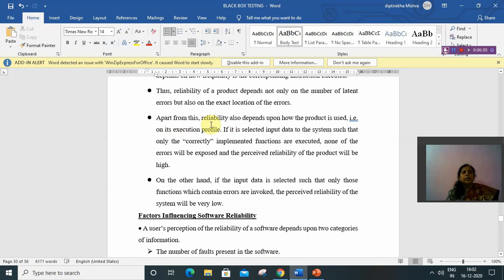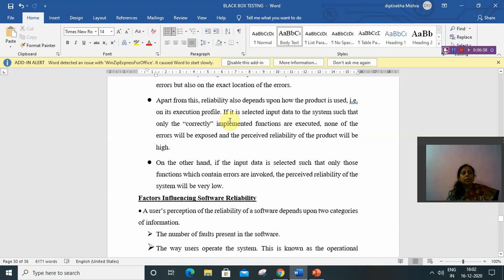Apart from this, reliability also depends upon how the product is used, that is, on its execution profile. If the input data to the system is selected such that only correctly implemented functions are executed, there will be no error in that part, so the reliability of the product will be high.